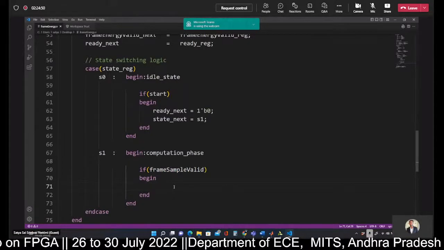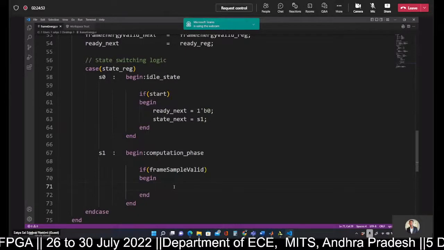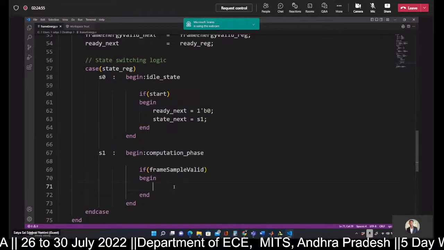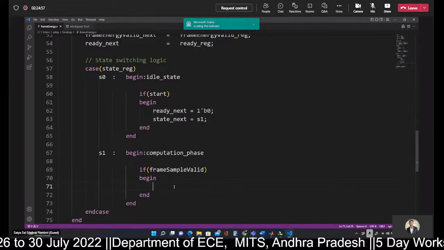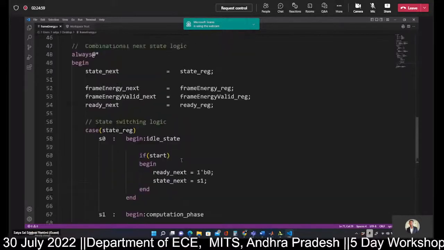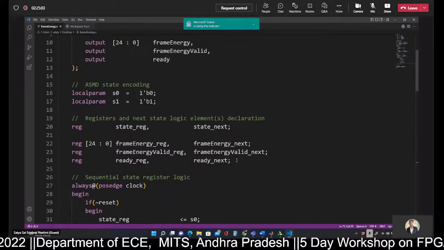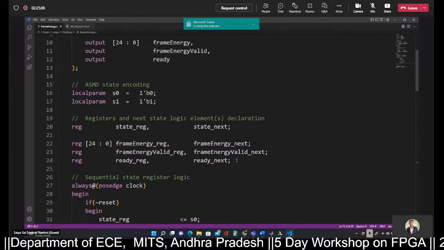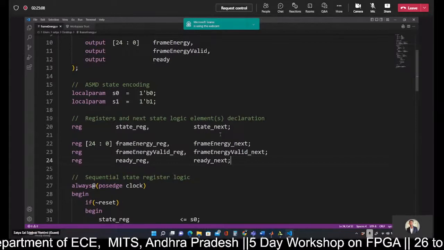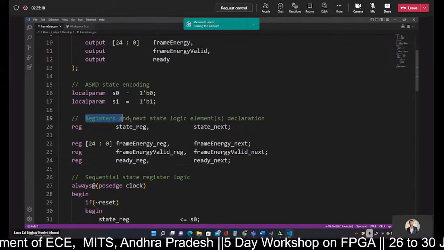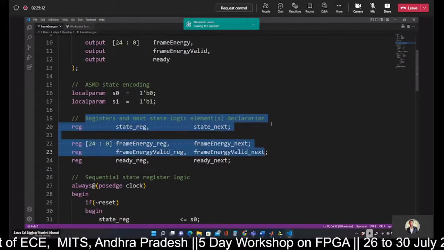The first operation that we want to do is the squaring, right? Squaring means we have to do multiplication. For doing multiplication, we need to create another register, different from the ones for the ASMD. These are the registers and next state logic elements, declarations for the ASMD.